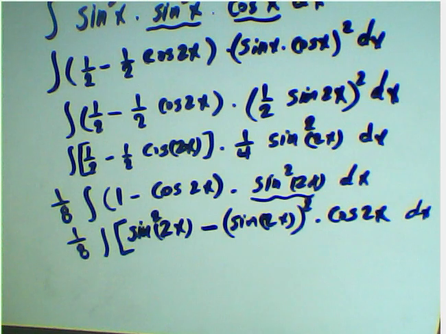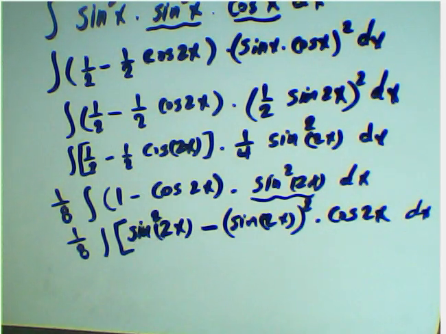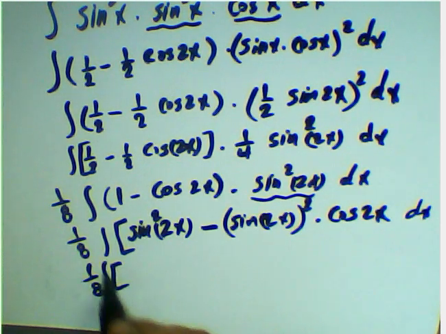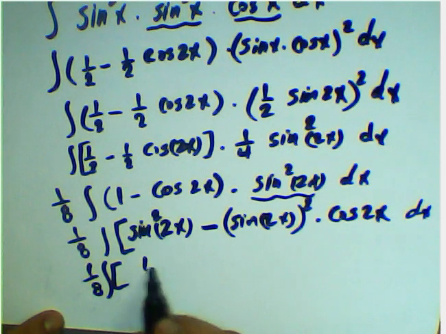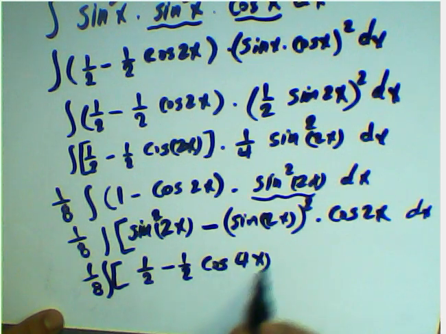And here we have sine power 2 2x. We can use the identity, write 1 over 8 here, integration, and write half subtract by half cosine twice of angle here 4x.